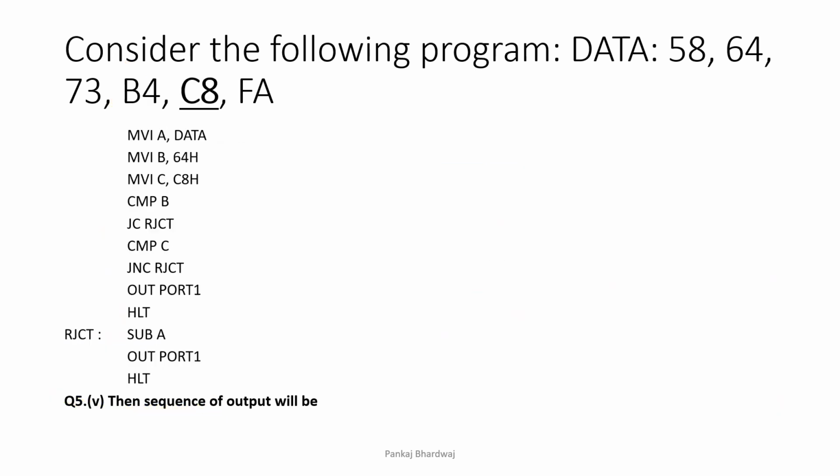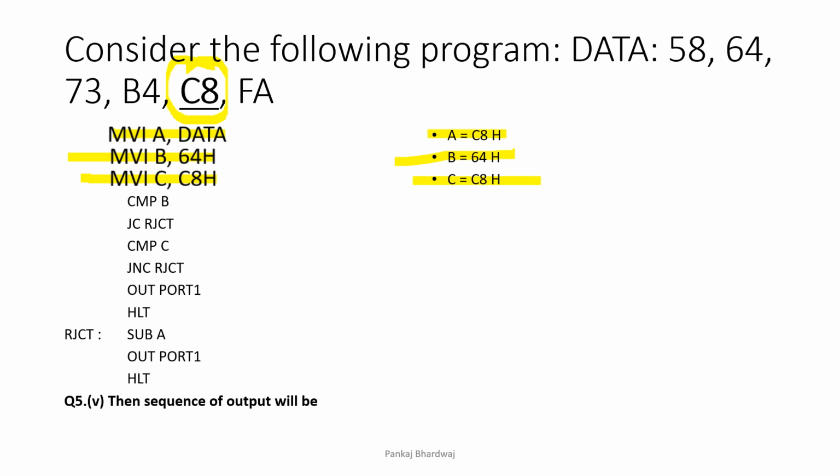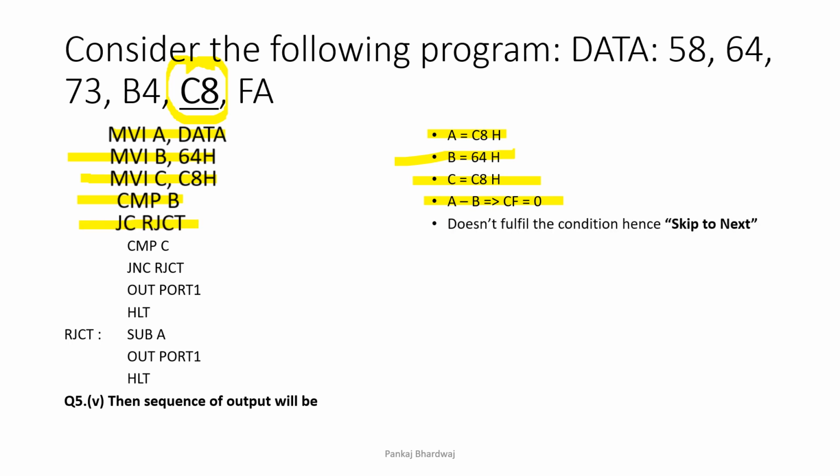Now the next data, that is C8. So when we execute this MVI A, data, A is C8, MVI B, 64, B will become 64, MVI C, C8, C will be C8. Now this compare B, that means CF is not set, jump on carry is not fulfilled, so it skips to the next instruction.